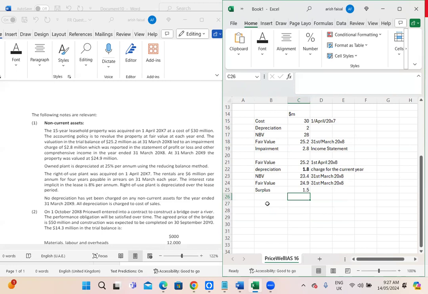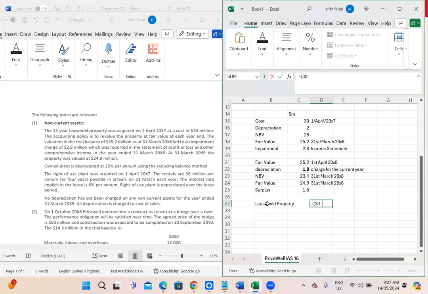So on this leasehold property, if I wouldn't have charged the impairment, then the value of this leasehold property would have been 30, minus you're charging a 2 million depreciation every year.